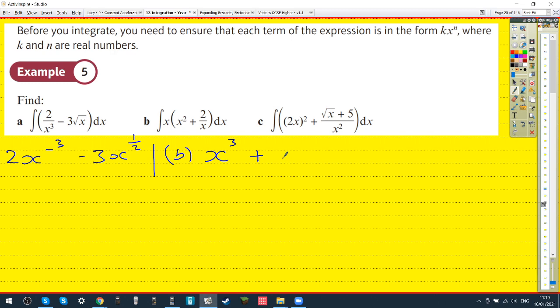Or would it just be 2 over x squared? X is the same as x over 1, so it'd be 2x over x. Simplify. X cubed plus 2. Correct. And C.